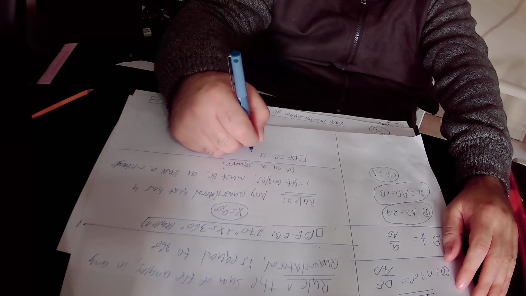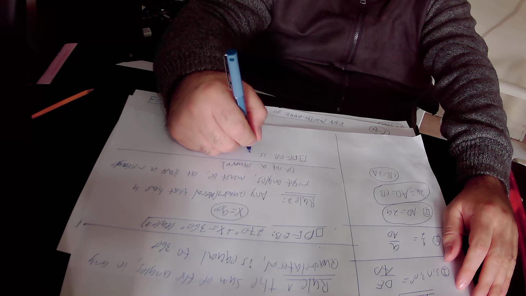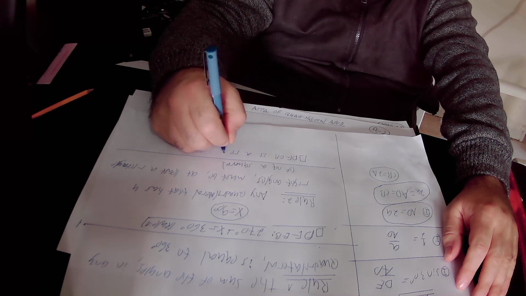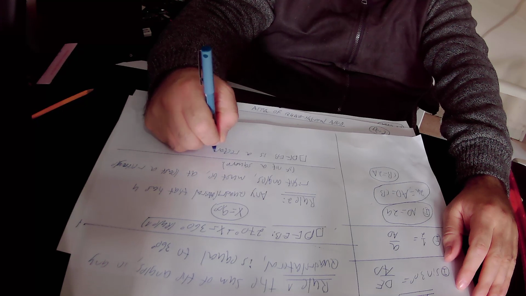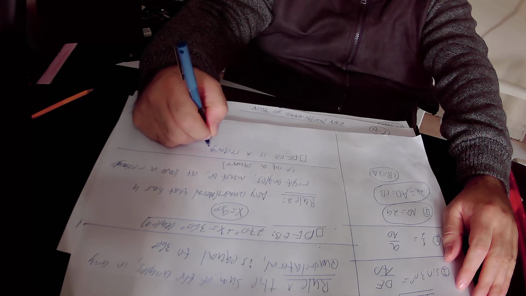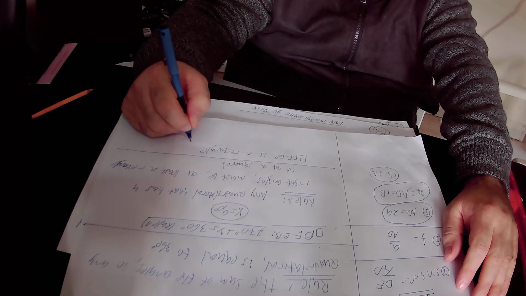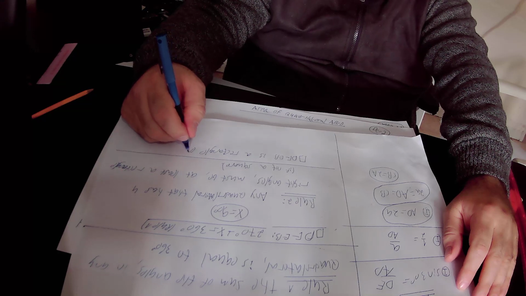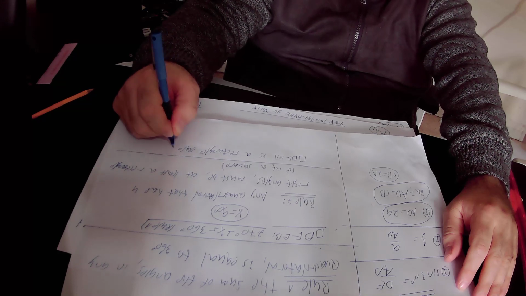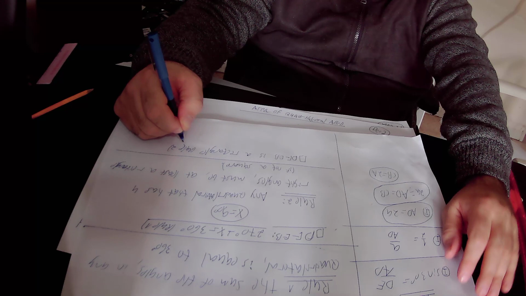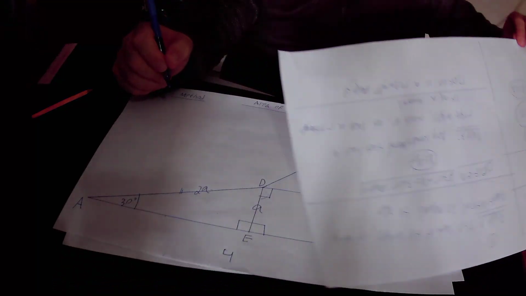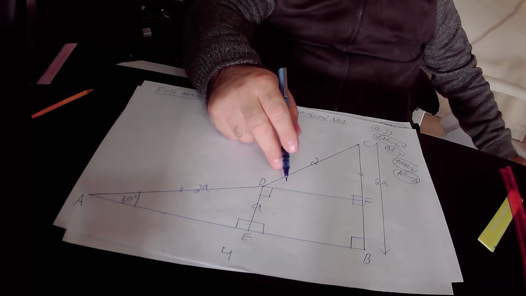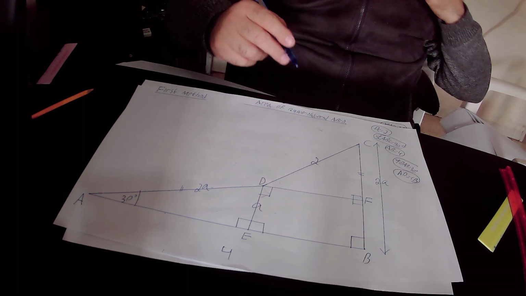Okay? According to rule number 2, quadrilateral DFEB is a rectangle.